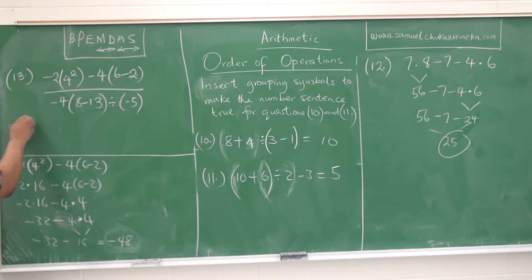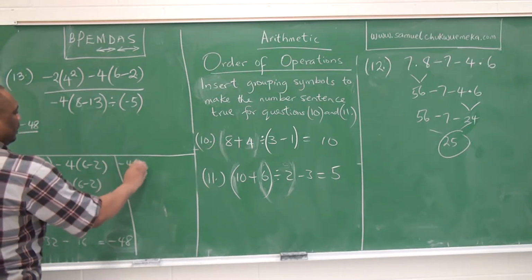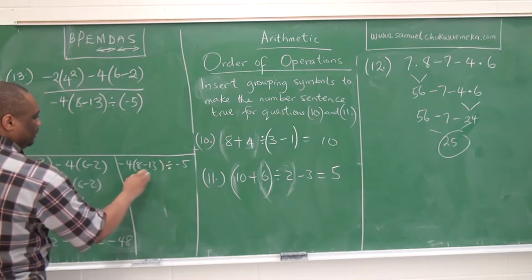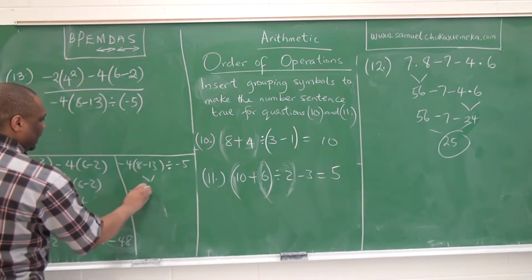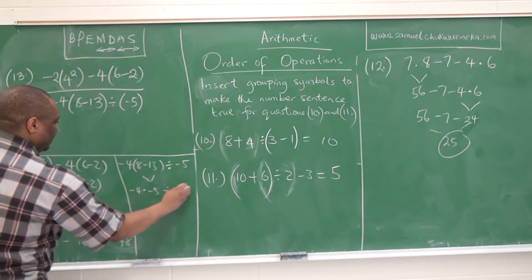So this is -48 over, for the denominator, -4(8 minus 13) divided by -5. I'll do the parentheses: -4 times, 8 minus 13 is -5, then divided by -5.